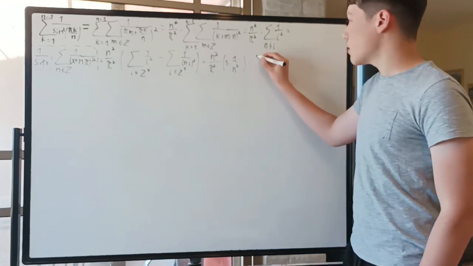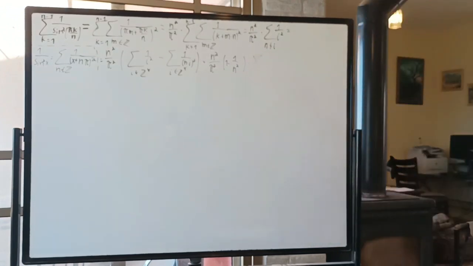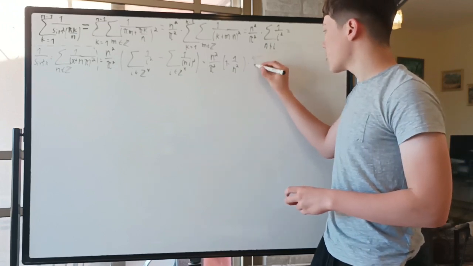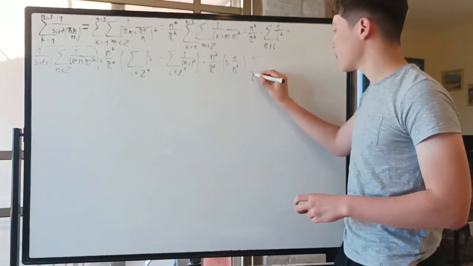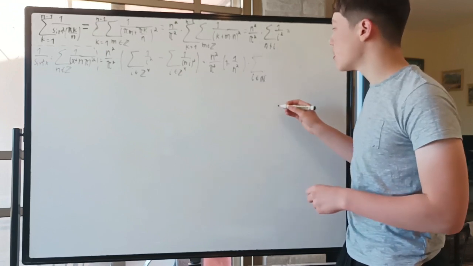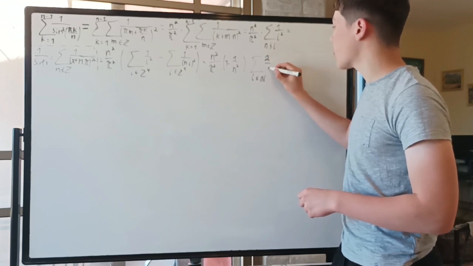So this is going to be times the sum of i in the natural numbers of 2 over i squared.